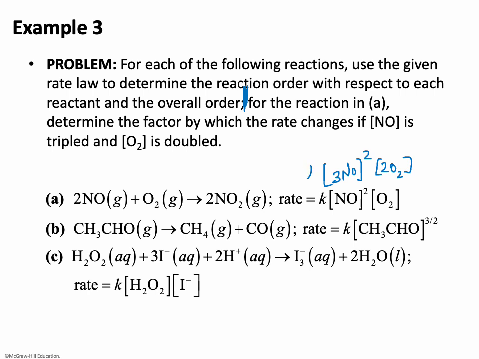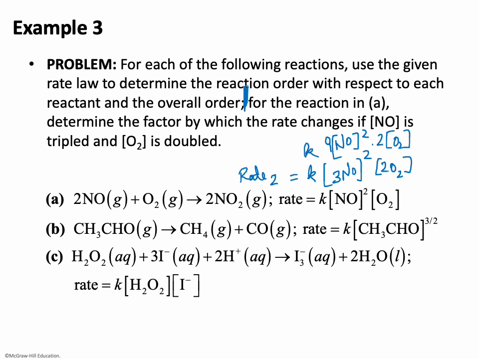so this is all okay, and this is my new rate. Okay, so what happened here? K is same between the two, so I can ignore it. NO square is same between the two, so I can ignore it. What's left is 3 squared. 3 square means 9. So it is 9NO squared times 2 to the power of 1, which is 2 times O2.